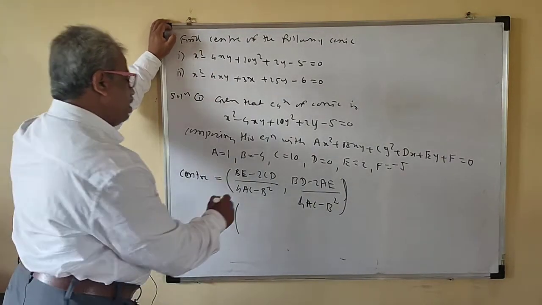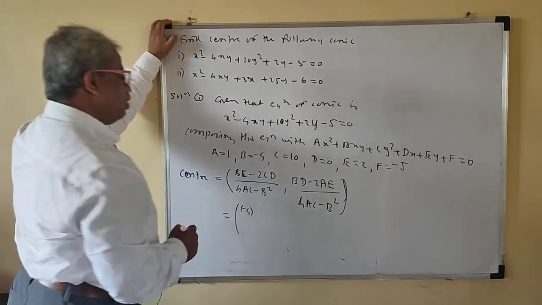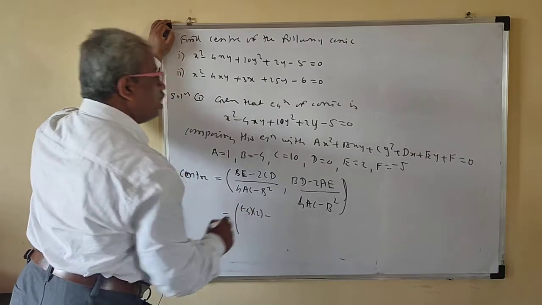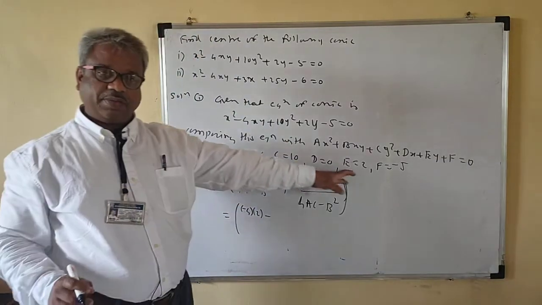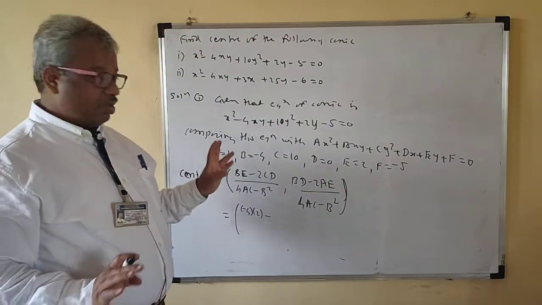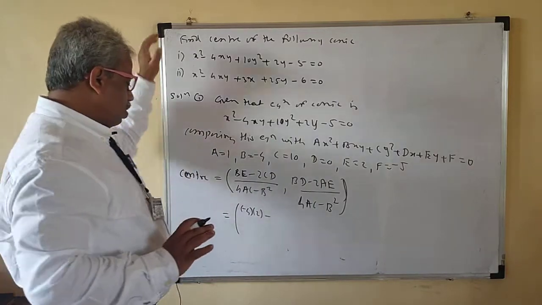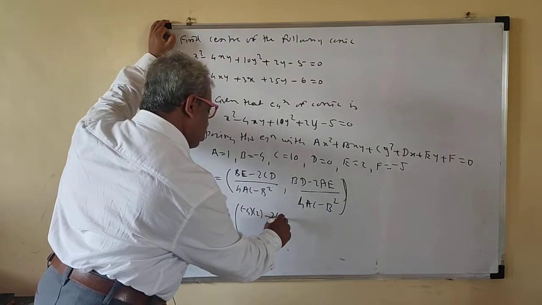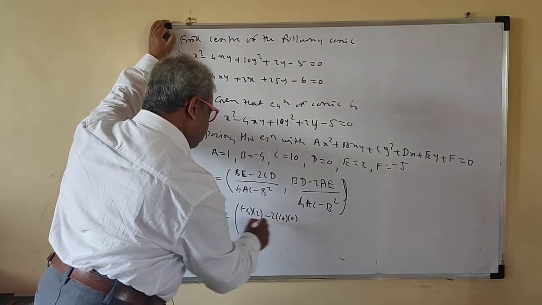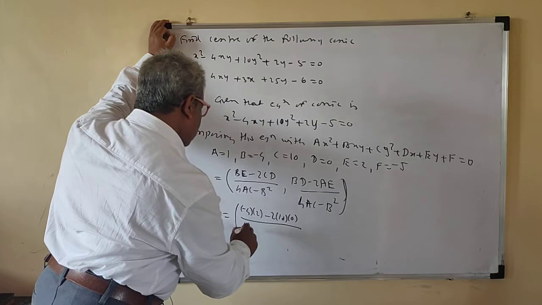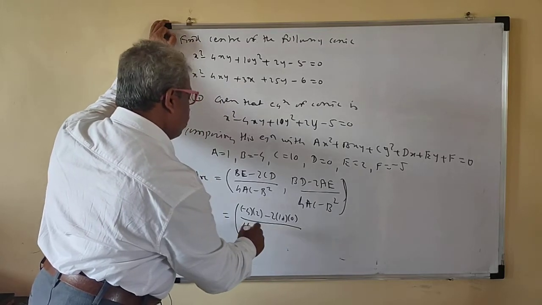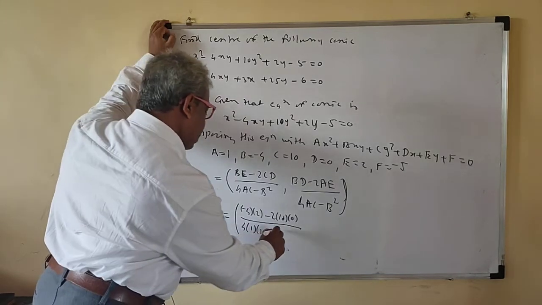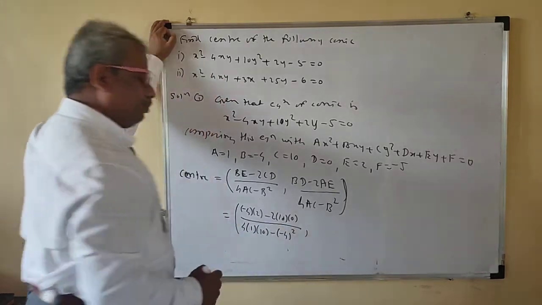What is your B? B is minus 4. What is your E? E is 2. You have to write the correct values of A, B, C, D along with the sign. You have to take care of the sign also. So minus twice, your C is 10, your D is 0, upon 4, your A is 1, your C is 10, minus your B is minus 4 square.